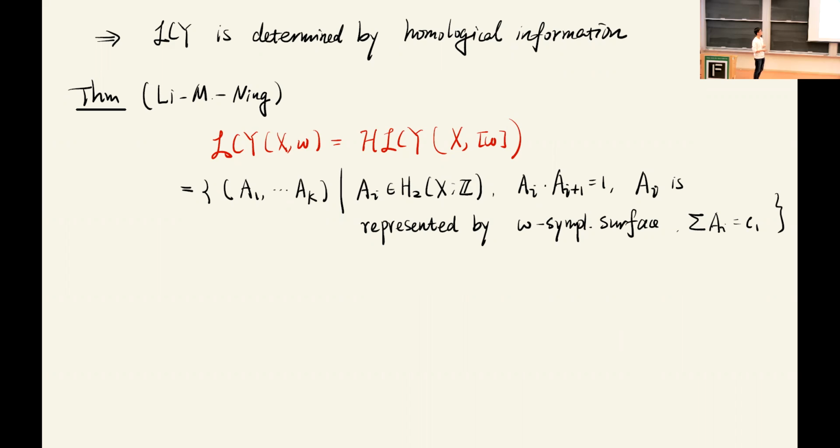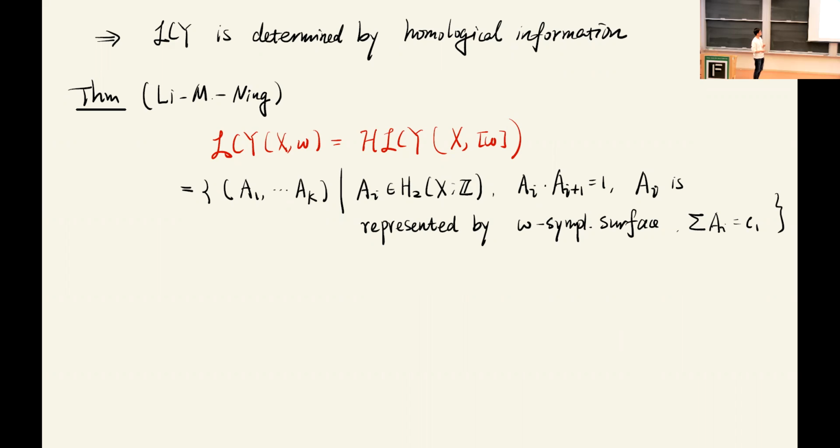Okay, so this is basically what you get by taking any divisor and then taking the homology classes. All right, and this should be quotient by some equivalence relation. And we prove that these two sets are actually in bijection with each other.